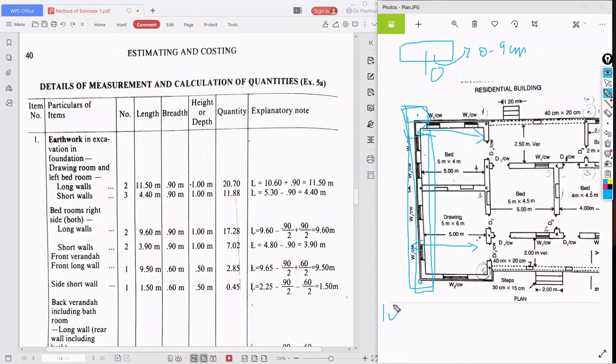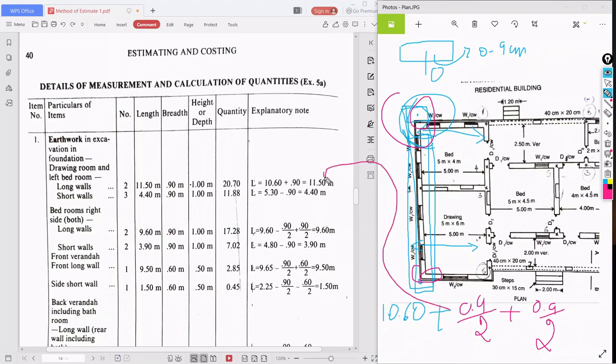That is the 10.60 center to center length plus this side, about 0.9 by 2, plus 0.9 by 2. So 10.60 plus 0.9 by 2 plus 0.9 by 2 is equal to 11.50, and it is the length of the earthwork excavation.